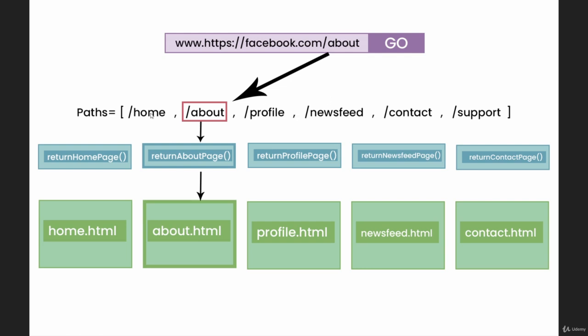If we don't have one, it'll return back some error. Let's say somebody wants to go to about one or something like that. If it doesn't find it in here, we're going to throw an error. Once it does find a pattern that matches that, we are going to trigger a function. This function will probably get some kind of template. It'll probably query the database, pull back some data, and then the user will see this page returned inside of their browser. So check out this diagram, pay attention to what's going on as we go through this system here.